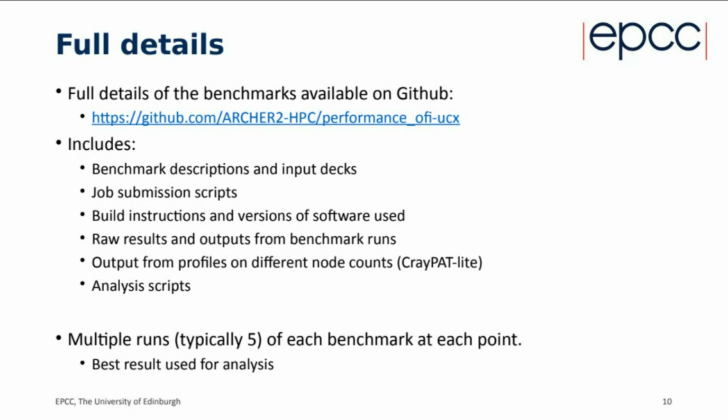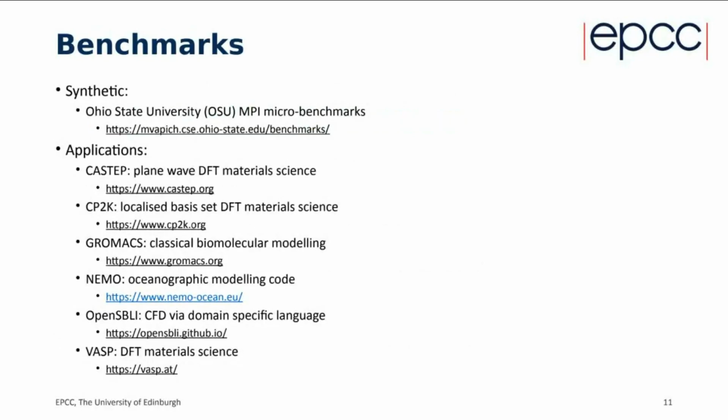In terms of the benchmarks we've run, typically there were 5 runs of each benchmark at each node count, with different transport protocols and different setups. The best performing of those 5 was used for the analysis you're seeing in this presentation. The benchmarks we took were mostly application benchmarks, mostly things that were used in the ARCHER2 procurement, with a couple of additions.